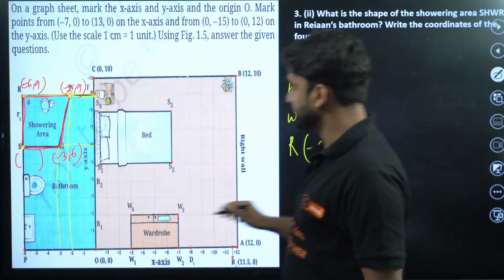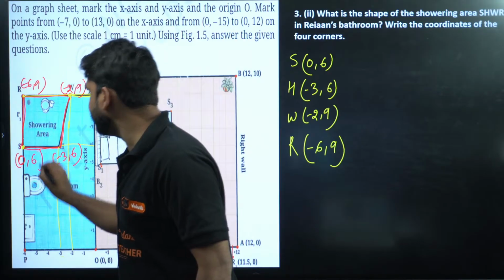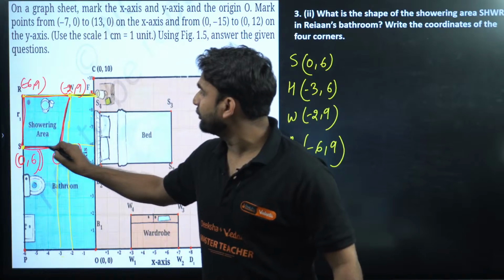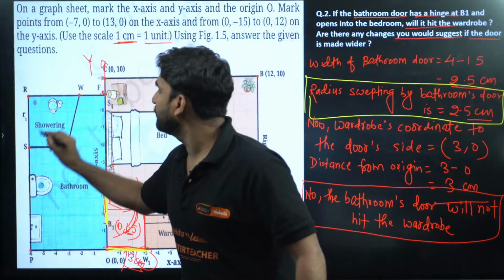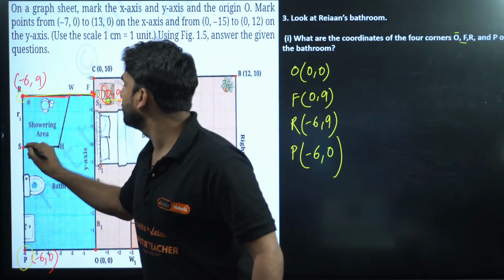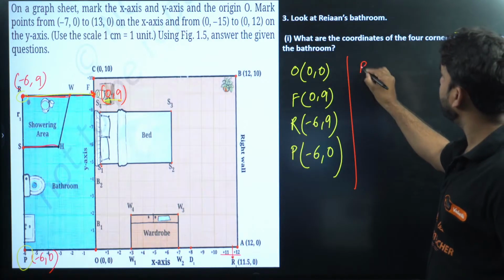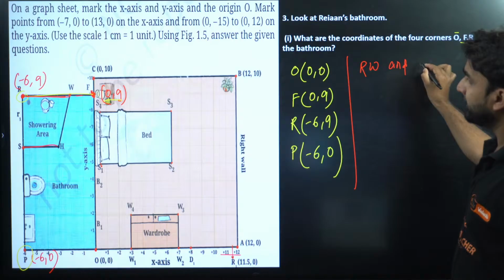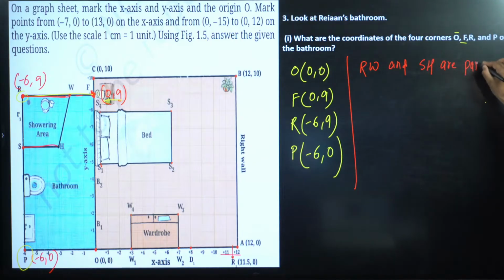The y coordinates are the same in both R and W, and here also the y coordinates are the same in S and H. So it means that these two lines are parallel. So here we can write that RW and SH are parallel lines.